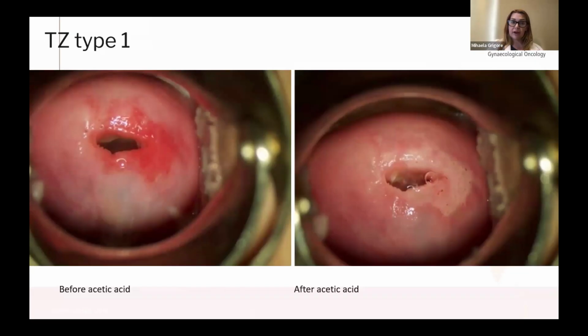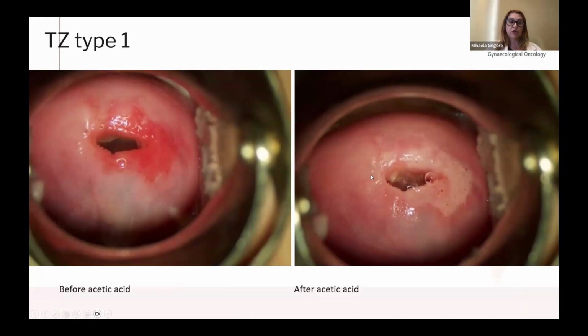Here is another example of a transformation zone type 1, the image before acetic acid. We see this red area. This is the transformation zone, and we see it clearly after we apply acetic acid, because we now see the new squamocolumnar junction. We see that here is probably the original squamocolumnar junction.